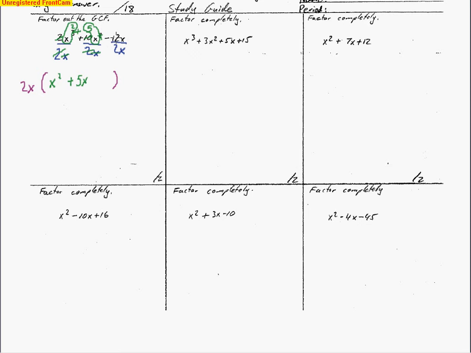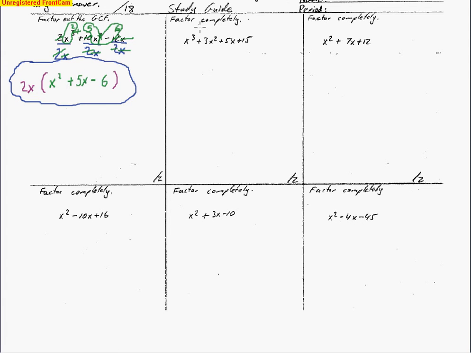See, 2 goes into a negative 12 negative times, so it's going to be a minus sign there. 2 goes into 12 6 times, so we have that minus 6. And then we count up how many x's we have. Well, there's 1x here, which will cancel out 1x on the top, so that's it. Just the minus 6 is left. And that's our answer. And so the first problem, again, people get confused thinking, oh, I need to factor just 2 binomials, but no, it's just asking us to factor out the greatest common factor.